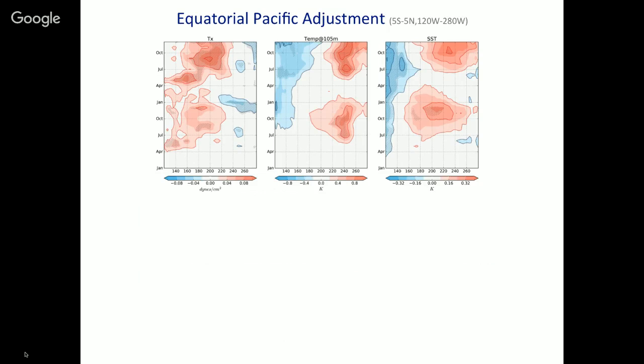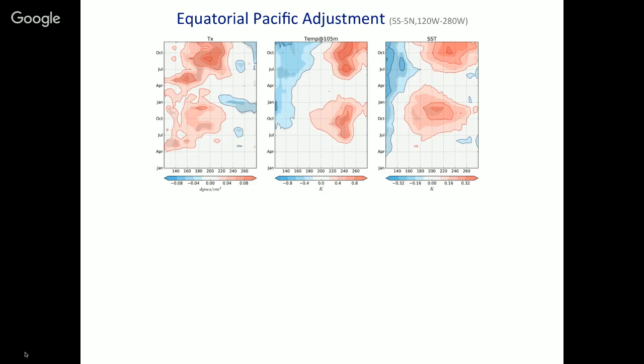As you can see, first there is the westerly wind stress, which was in April, May, June in the Western Pacific. After that, you can see some response developing in the subsurface ocean, and after that it's also developing in sea surface temperature. So it seems like we are on the right track.